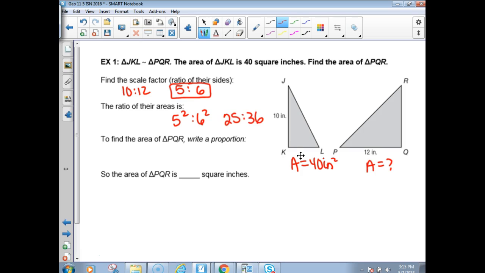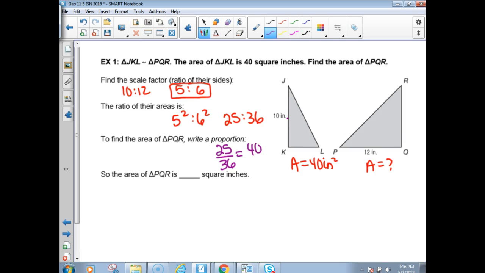We're going to find the area by writing a proportion. So we're going to say 25 over 36 equals, which one goes on top? A or 40? Okay, we want to find the area of PQR. So the A is on the bottom because we started off 10 to 12. We keep going with first to second.